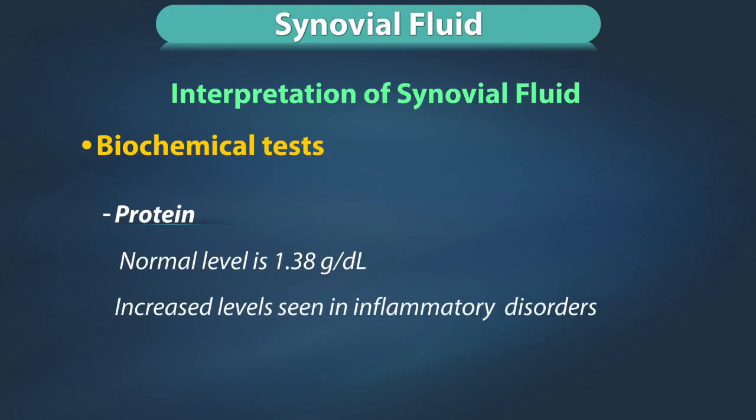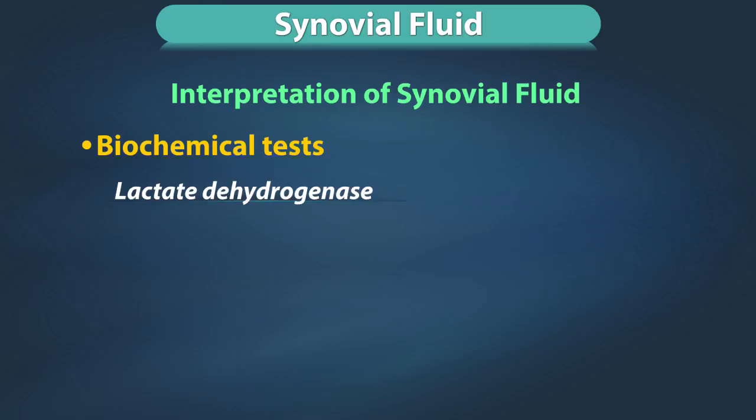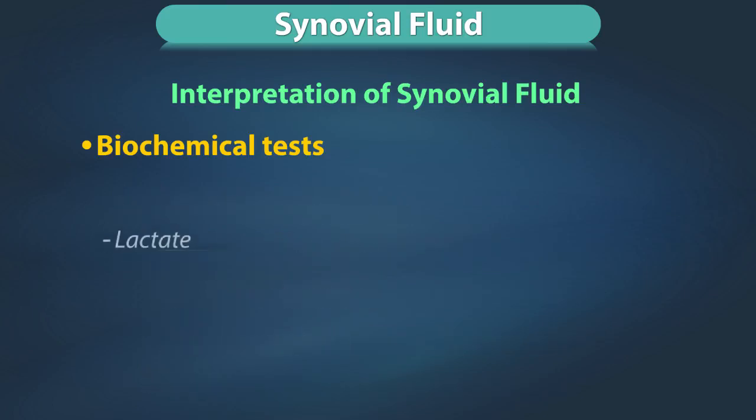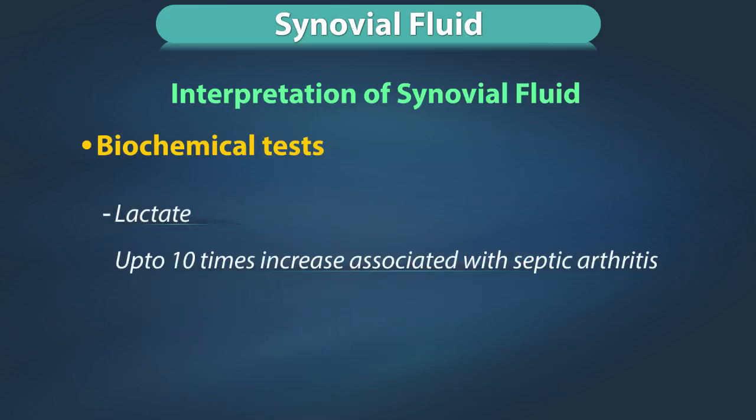Increased levels may be seen in inflammatory conditions. Lactate dehydrogenase can be elevated in synovial fluid in rheumatoid arthritis, infectious arthritis, and gout. Lactate. Up to 10 times increase is associated with septic arthritis.